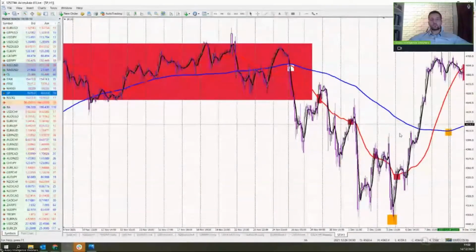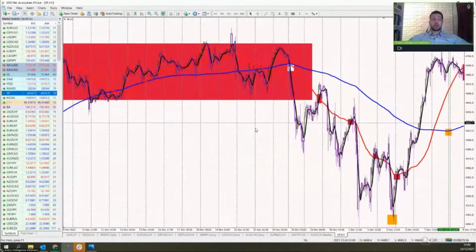If you want to use moving averages, make sure that you use them on volatile instruments, on trending instruments, and that you avoid using moving averages in sideways movements in a non-trending market. Because for a non-trending market, you have different instruments which are reliable. You don't use moving averages during the time when the market goes sideways.